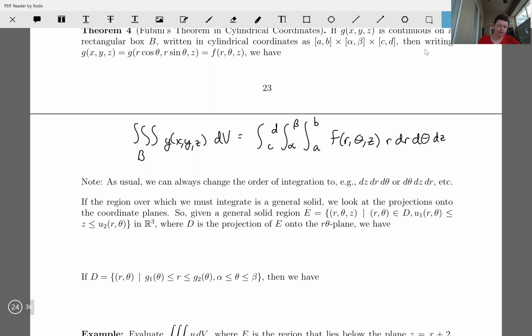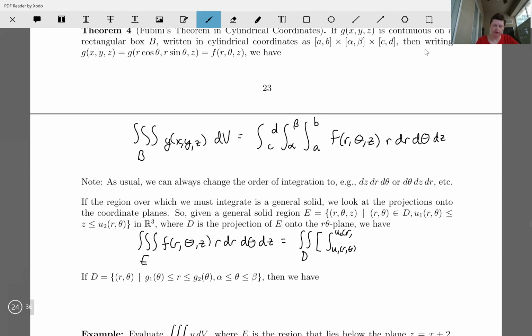We're going to have that our integral over E of my function f r dr d theta dz is going to be equal to the double integral over the region D of the integral over z, with those limits of z as the limits of integration, of f of r, theta, z. So we integrate with respect to z first, and then r dr d theta.